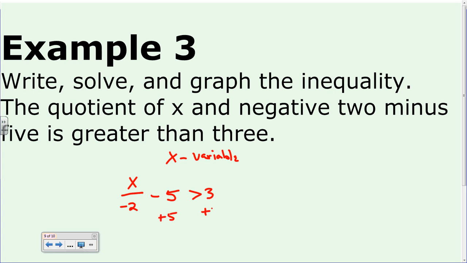So we add 5 to both sides. Those cancel out. X over negative 2 is greater than 8. Multiply by negative 2. Now we're multiplying by a negative, so that means we flip the sign.